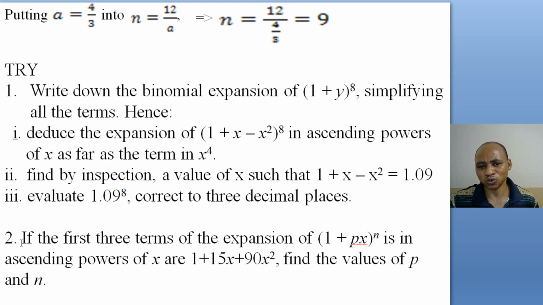Now let's come to question 2. That's trial question 2. If the first 3 terms of the expansion of (1 plus px) all raised to the power n in ascending powers of x are 1 plus 15x plus 90x squared, find the values of p and n. Now let me give you the clue in question 2.